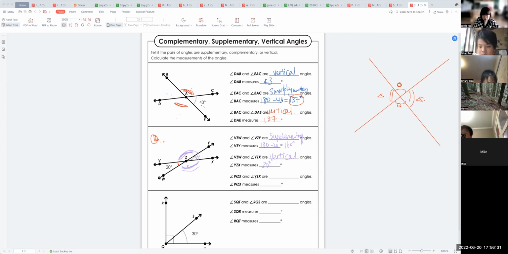So they're what? This guy and this guy, their plus together equals what? Supplementary. Very good. So WZX equals what? Because this is 20, this one is 160 degrees. Get it? Okay, let's try to do number 3, okay?